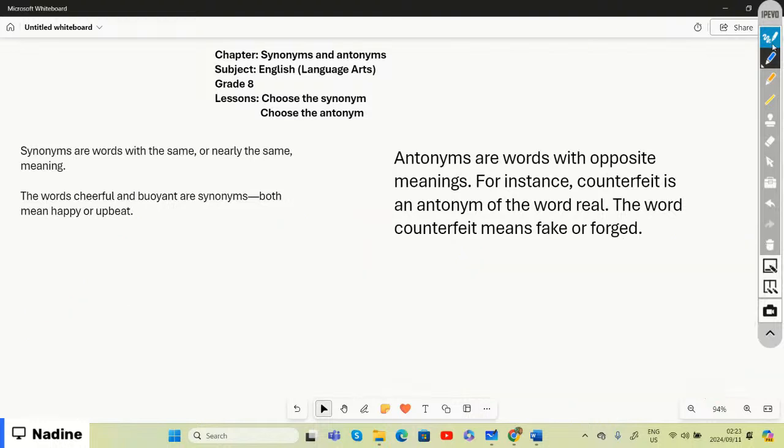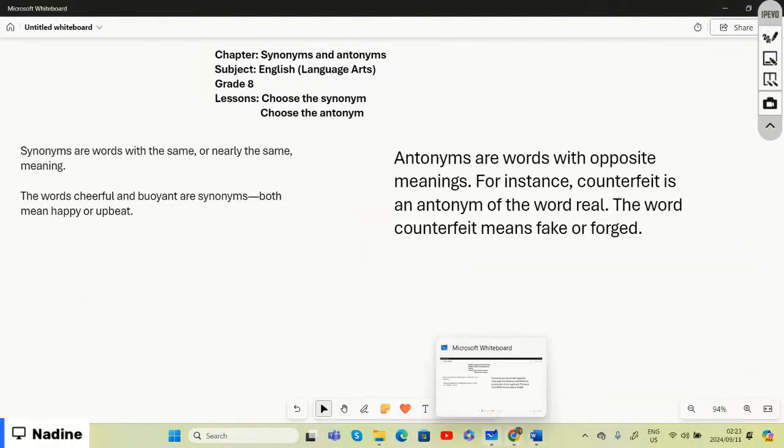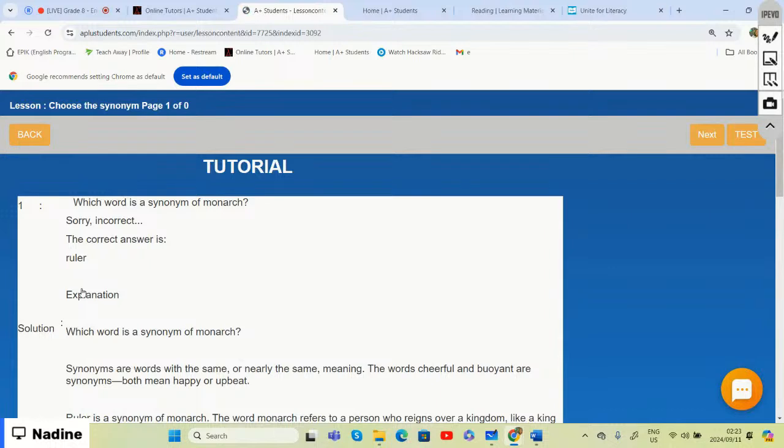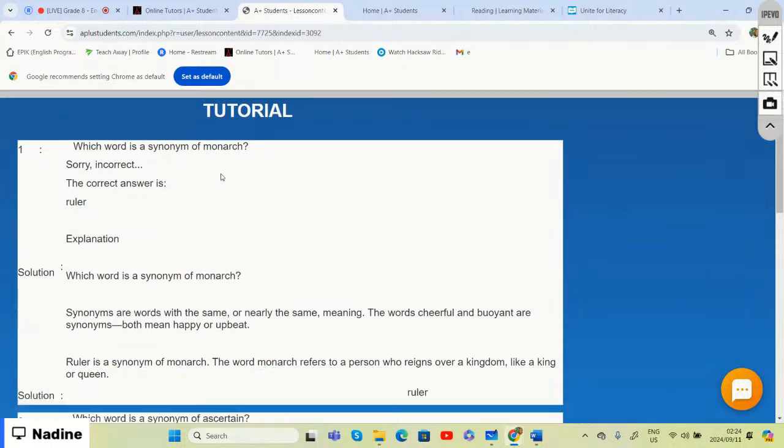So now we're going to a+students.ca and we're going to continue with synonyms and antonyms. So now we're going to choose the synonym. And we said synonyms are words with the same meaning or almost the same meaning. All right.